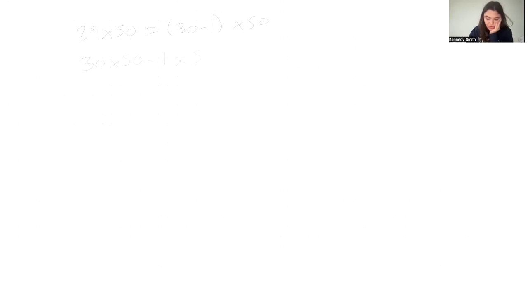So if we distribute these, we have 30 times 50 and then negative 1 times 50, which then leads us to 30 times 50 being 1,500 minus 50, from the negative multiplying the 50. So we just subtract 50 from that, which gets us to our final answer of 1,450.